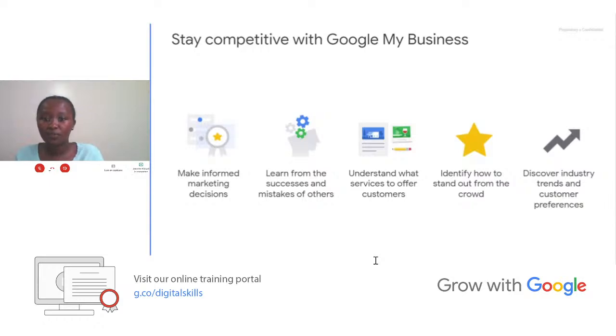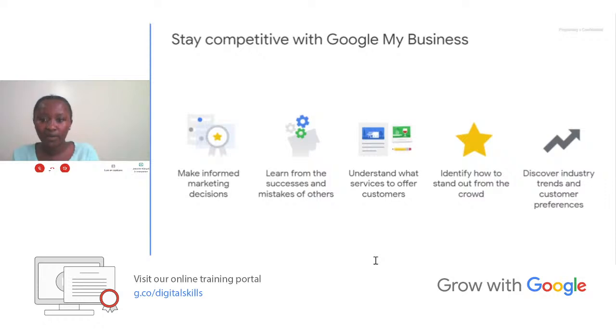Also, you can learn from the successes and mistakes of others. You can see the kind of reviews and feedback your competitors are getting. For example, if they don't respond to those reviews on time, and people are angry saying the business is not responding to them on time, you can see that that is a mistake you should not make in your business.